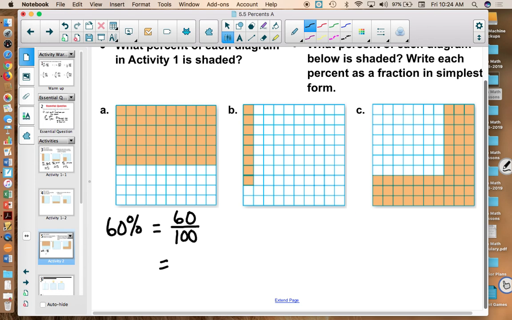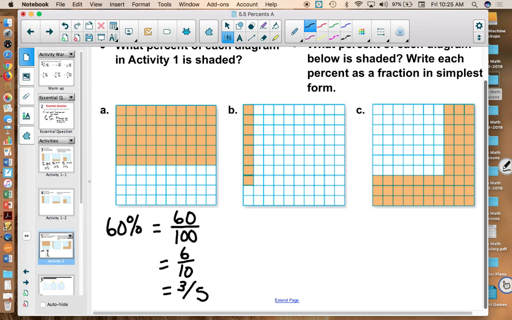If I simplify 60/100ths, as I walked around, I saw a lot of kiddos that had it to there and said, okay, I'm done. But are they? No, because 2 is going to go into it again, am I right? So the simplest form then is going to be 3/5. Does everybody agree with that? Okay, I'm just taking out of it and breaking it down.